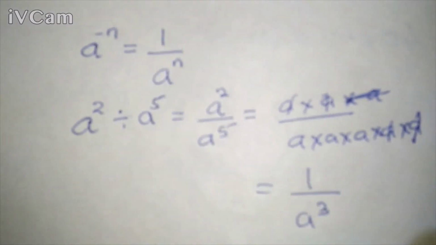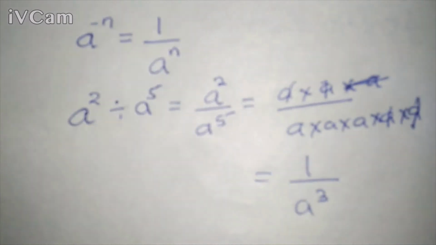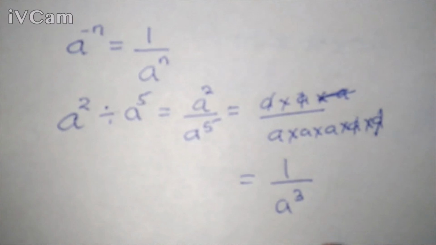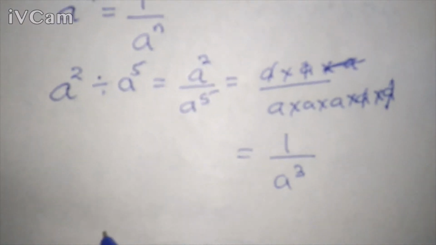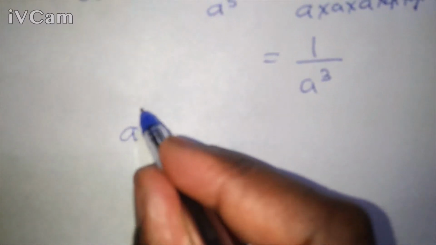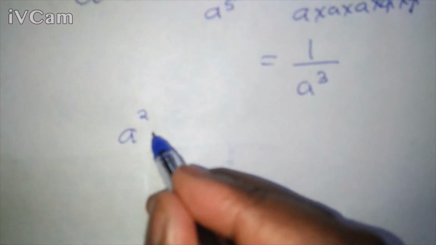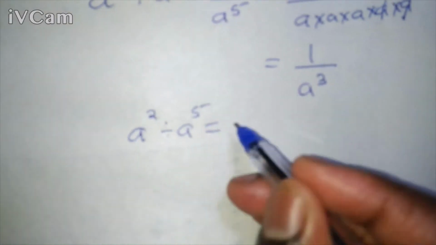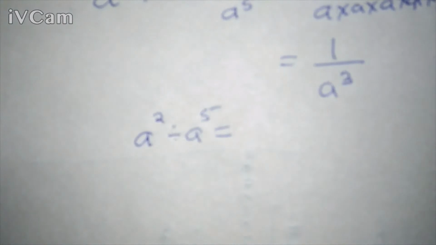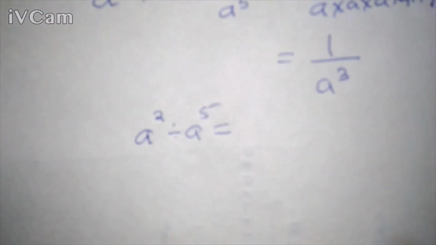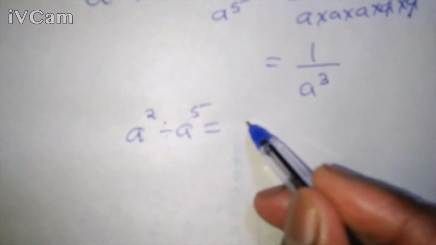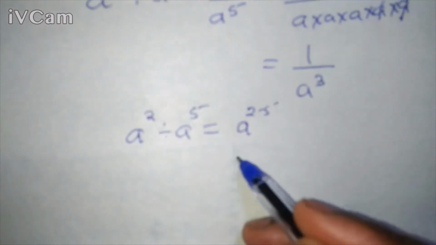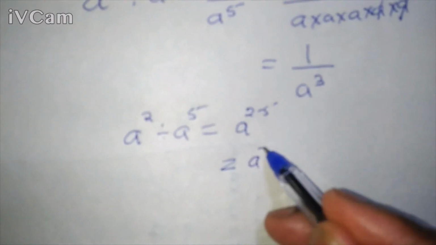But as we can see, this could have been found by just taking a^2 divided by a^5, and following the previous law of indices, the law of division for indices, which is basically a^(2 minus 5), you'd get a^(negative 3).